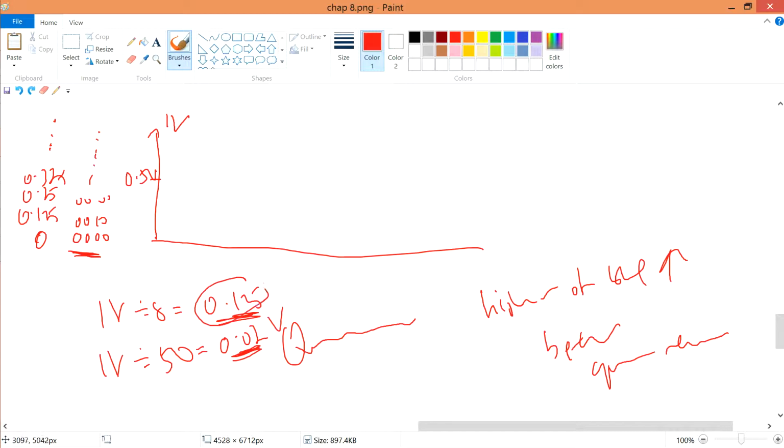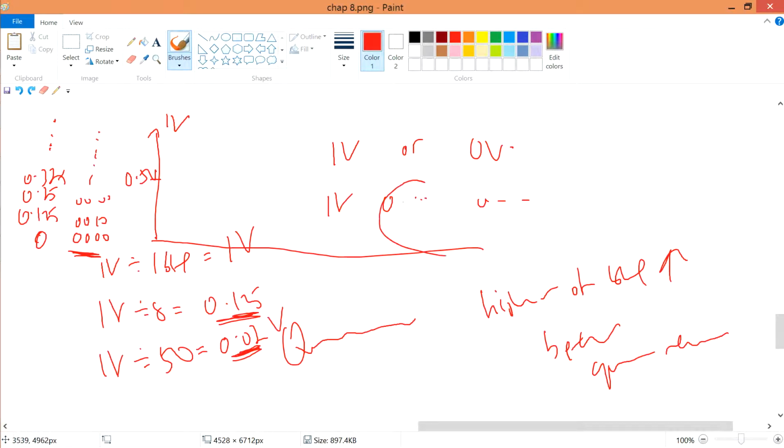If it's 1 volt divided by 1 bit, then it's just either 1 volt or 0 volt, that's all. If it's a 4-bit system, it can be 1 volt, or 0 point something for different values.